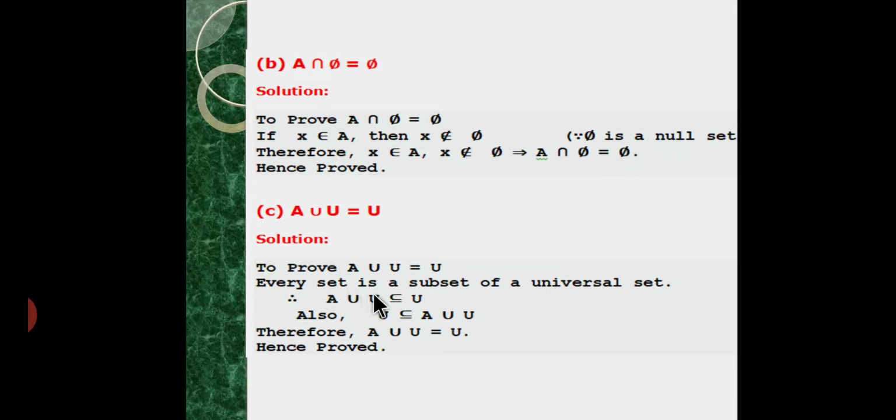Say A union universal set is a subset of or equal to U. Okay. Also the universal set is a subset of or equal to A union U. From these two steps we write A union U is equal to U, hence proved.